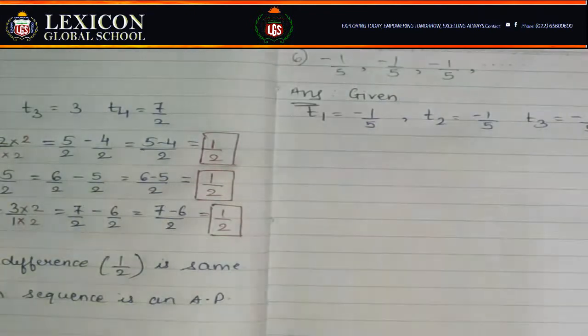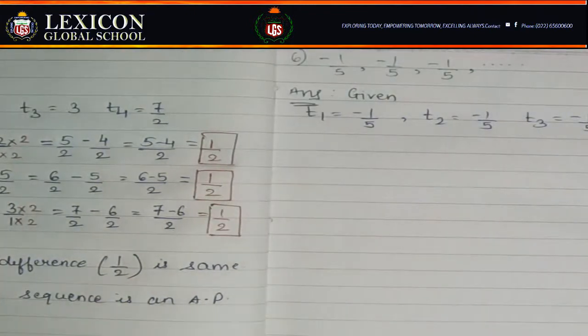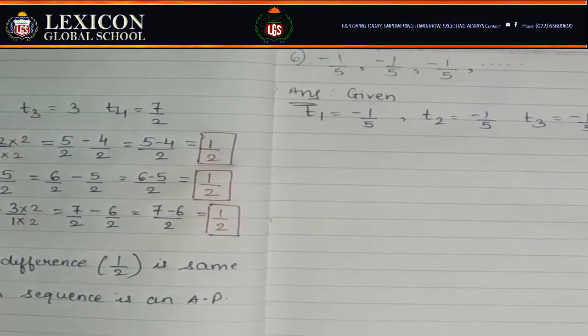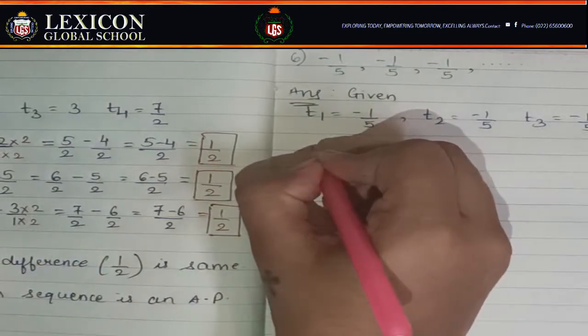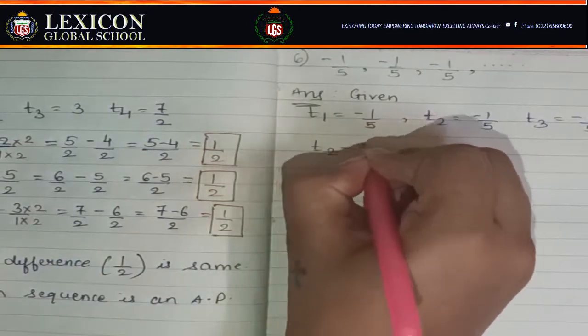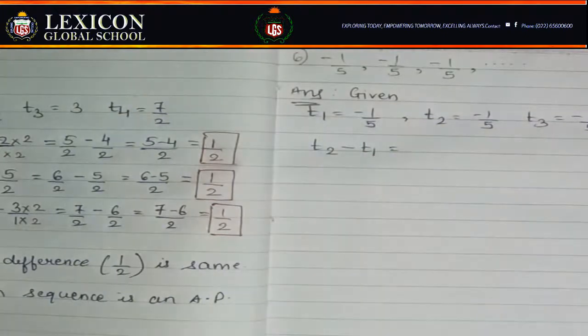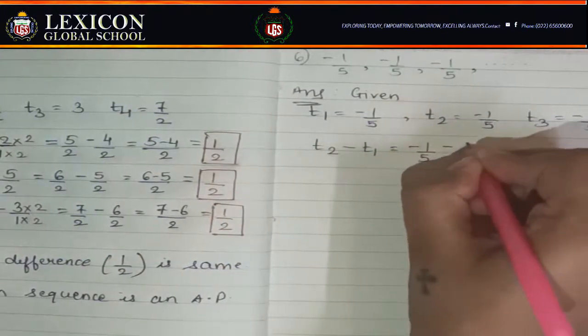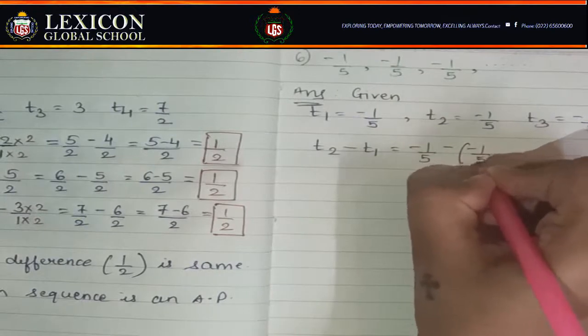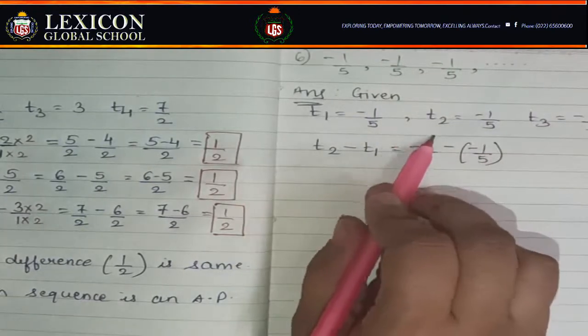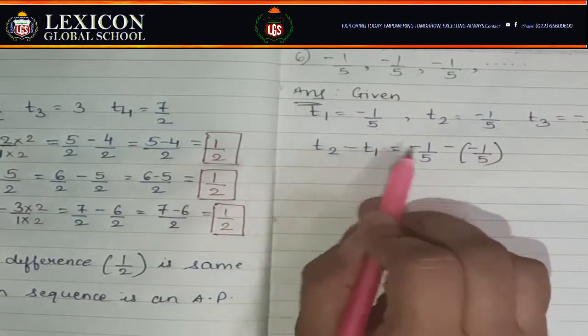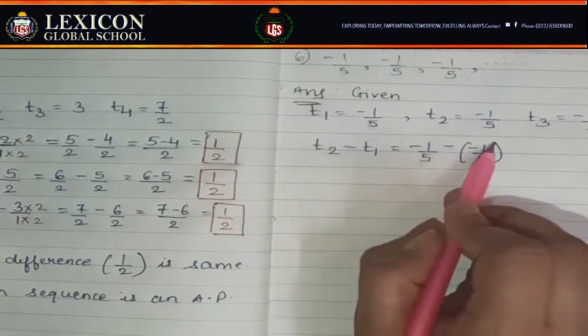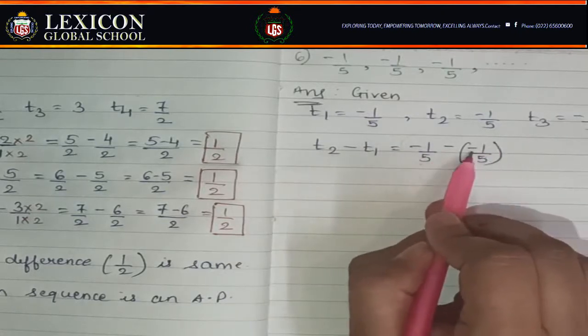Now we have to find out the difference. So how are we going to find out the difference? By subtracting the terms. That means T2 minus T1. What is your T2? Minus 1 upon 5 minus of minus 1 upon 5. As your T2 was having a minus sign, this is the minus sign of the difference, and your T1 was also having a minus sign.